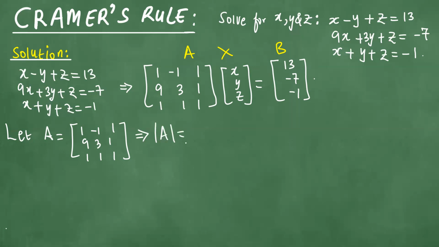So now this would be 1, 3, 1, 1, 1. Minus 1, 9, 1, 1, 1. And if you block this and that, we have 9, 3.